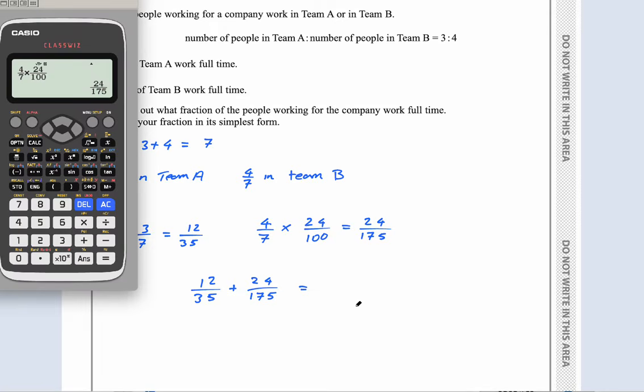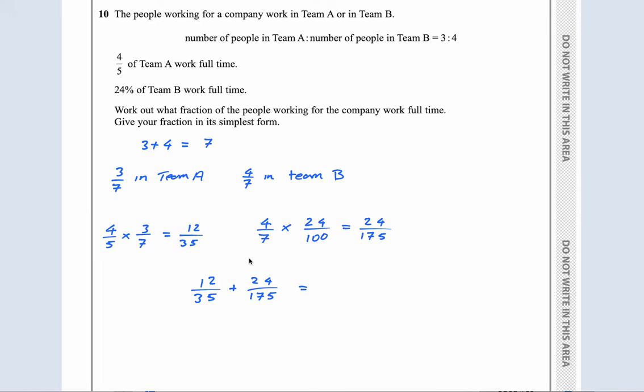Now, guys, I'm not expected to find the lowest common denominator of this, although actually maybe I am. So let's actually do that. The lowest common denominator would be 175, because 35, believe it or not, goes into 175. This is going to be 175.